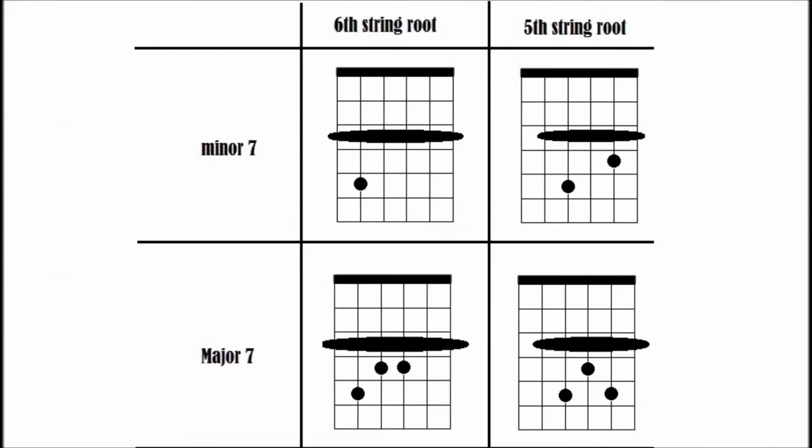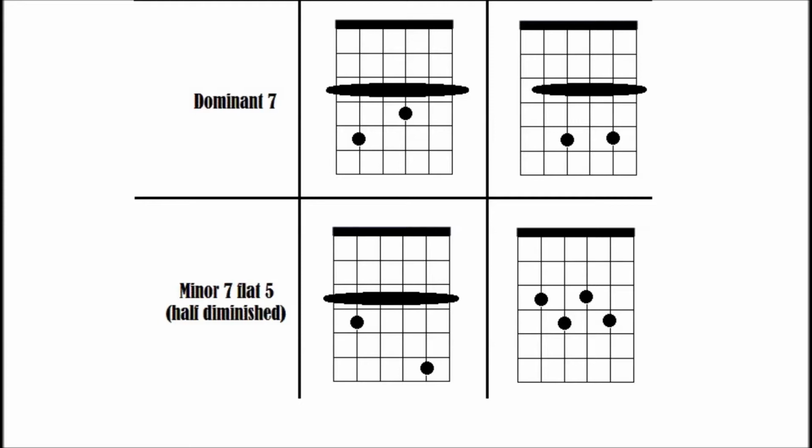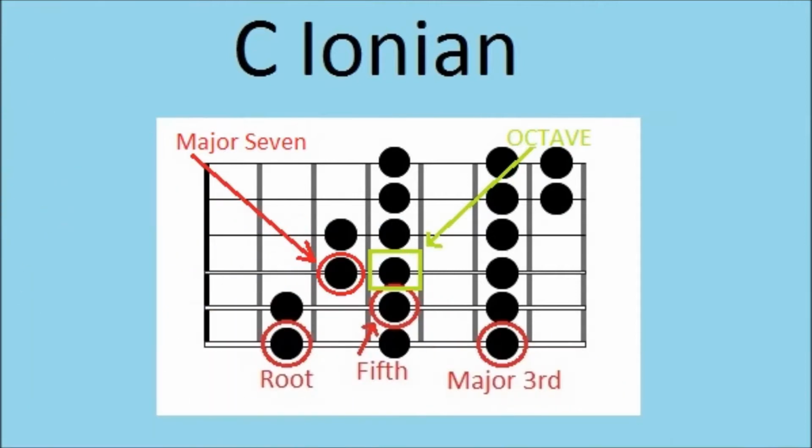Here's a chart I made to show you the seventh chords we'll be using. Refer back to this chart later. And here is the chord scale for seventh chords. But let's get analyzing. As we saw last time, the Ionian mode features a major triad: a root, major third, and perfect fifth.